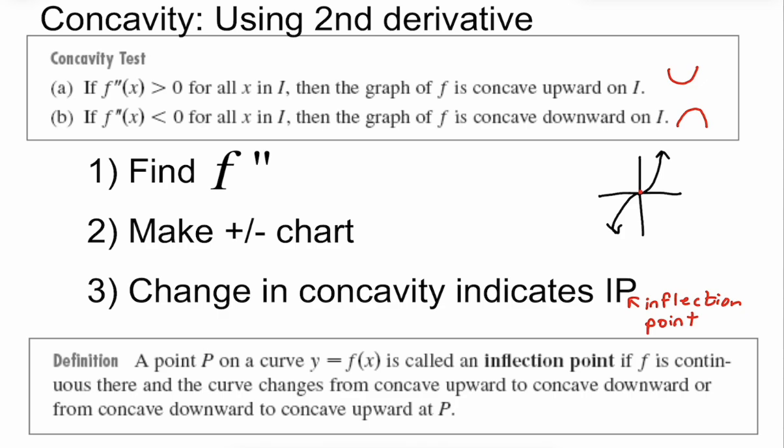If you look at the down left side, that has a concavity where the cup is upside down, but the top right, the cup is right side up. So the curvature is changing at (0, 0) for the parent cubic function. So now we have to be even more specific about our graph. Is it curving upward or downward? What is the concavity telling us? So we have even more tools to make our graphs more accurate.